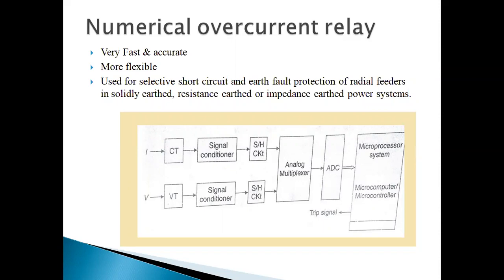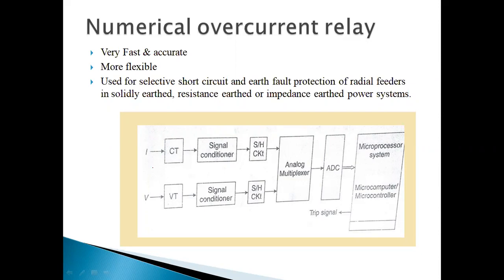We will see this at the time of the practical also. Actual numerical values are there, that's why it is called the numerical overcurrent relay. This numerical relay is very fast in operation as compared to simple microprocessor based relays, and it is accurate and also more flexible.